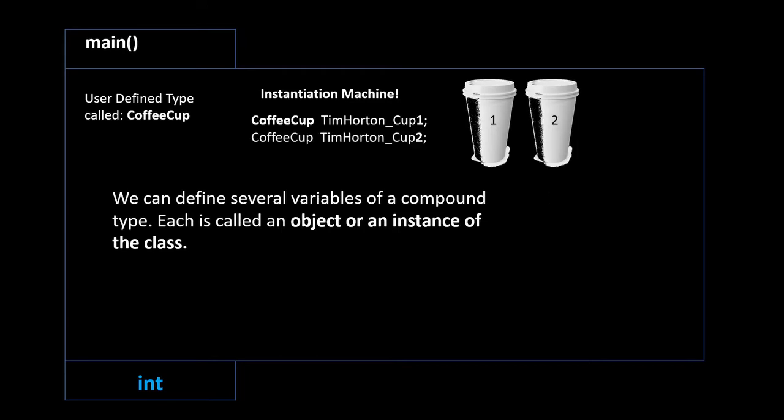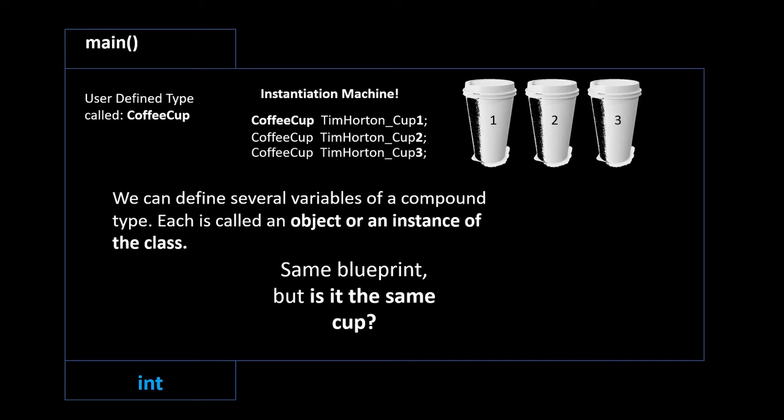Coffee cup, Tim Horton Cup 2. Same blueprint, but is this the same cup? Again, Tim Horton Cup 3. Cup 4. It came from the same blueprint, but is it the same object? And the answer to that is no. It's not the same object.